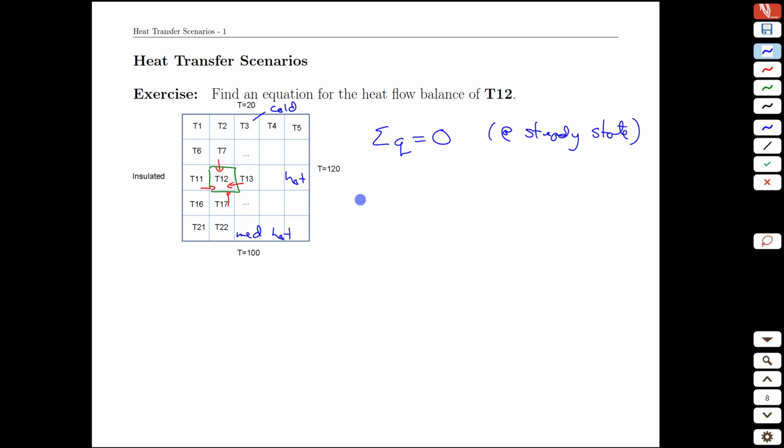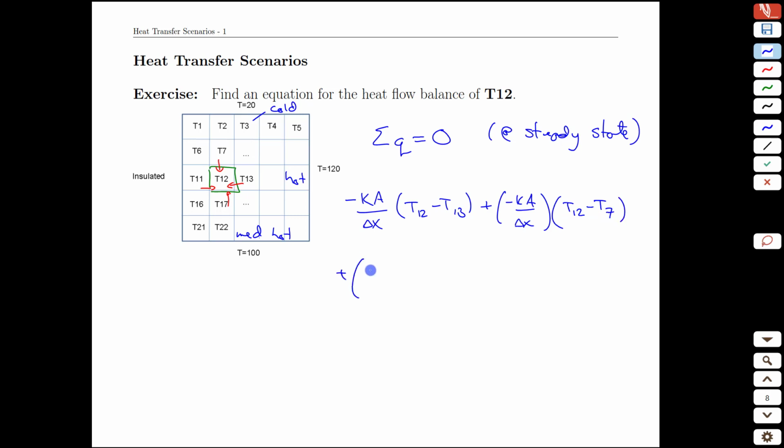These Q's are built out of the differential equation model, which ended up being negative K A over delta X times delta T. And the delta T could be T12 minus T13. There's some heat flow between those two neighbors, plus the same thing times T12 minus T7.